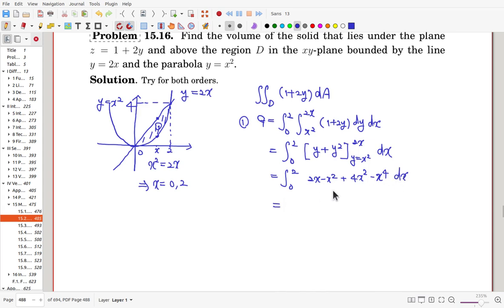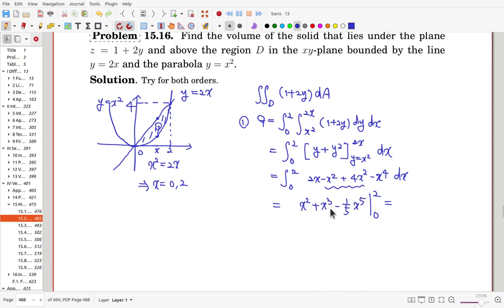Then now for this one, this is 3x squared. So the antiderivative is x squared plus x cubed, and here minus 1 over 5 x to the 5, from 0 to 2.